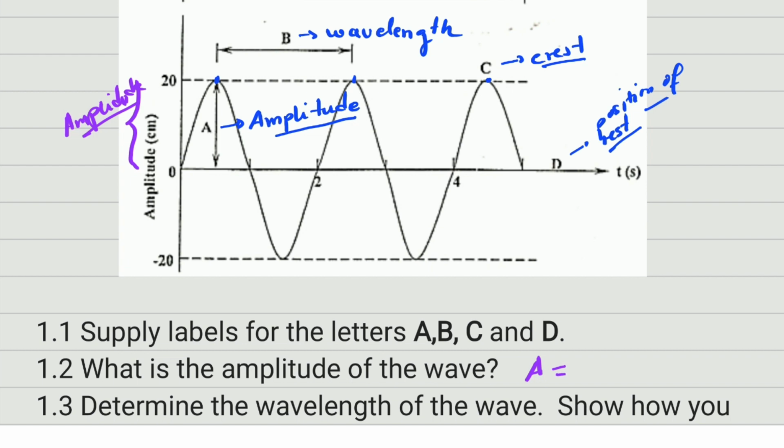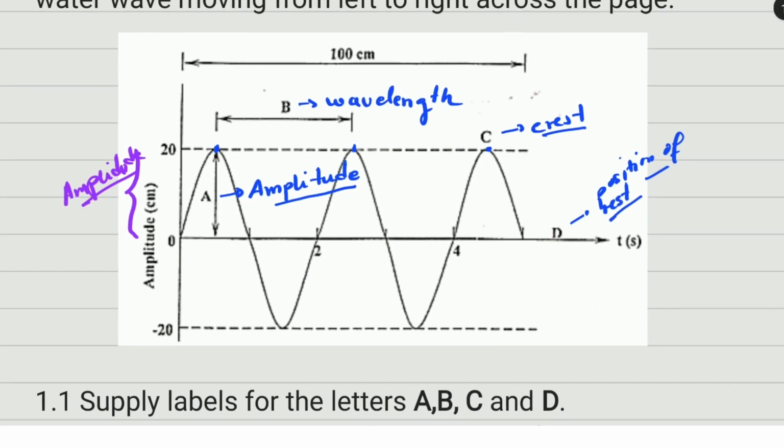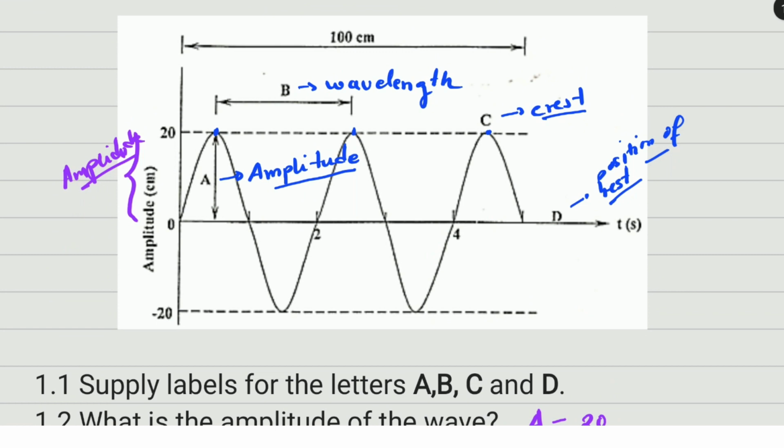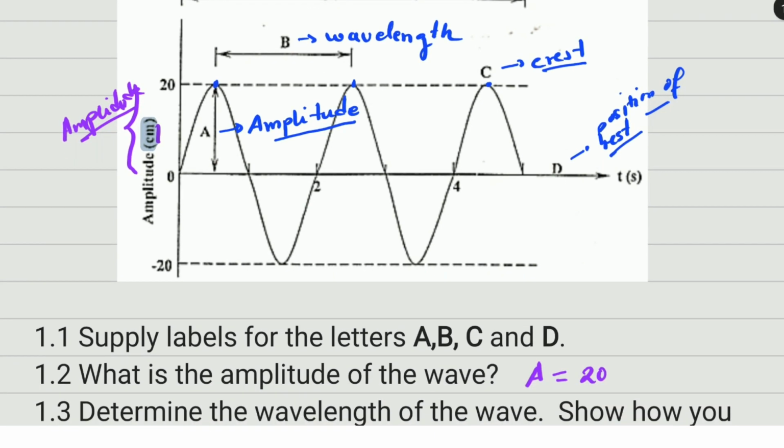I'm going to write A is equal to 20. Now 20, what is the graph here given in? It is given in centimeters, as you can see on this side, so it is 20 centimeters. That is the amplitude.